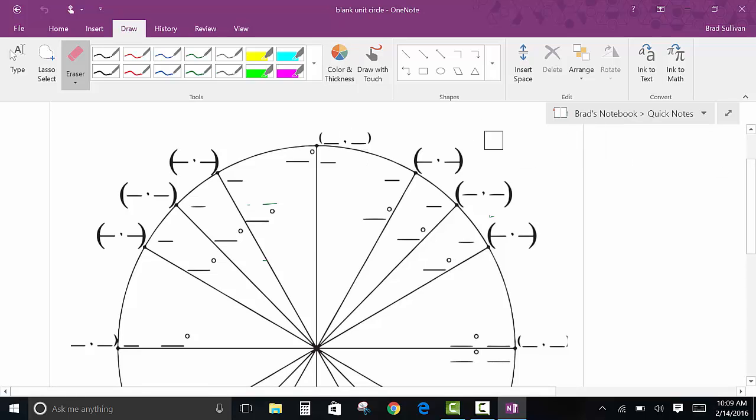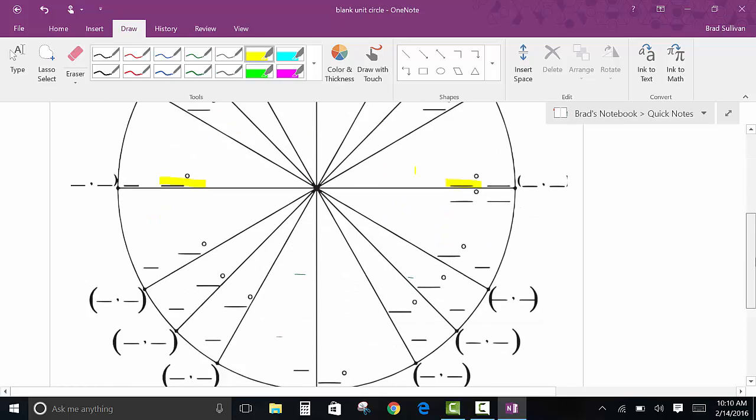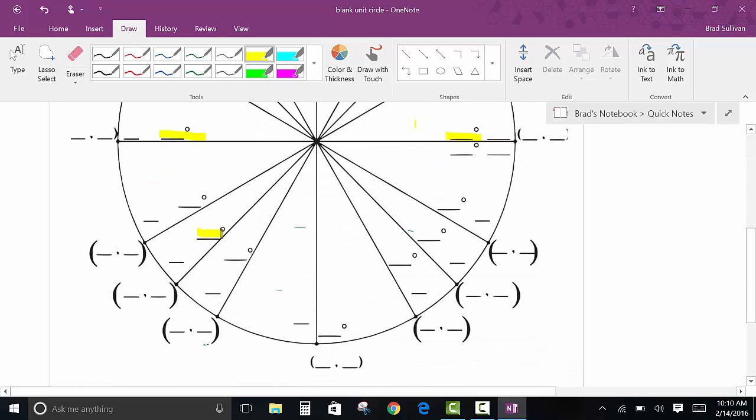First of all, I'm going to go around this unit circle in degrees, and we're going to go by 45. So we're going to get 0, then 45, and then 90, and so forth. I'm just going to focus on counting these things out first of all. Then we'll go back and get the rest of them the same way. So we're just going to focus on these for a minute right here.